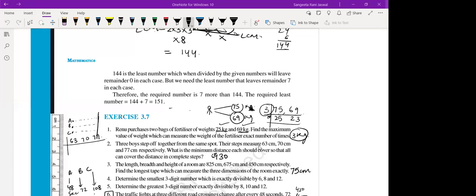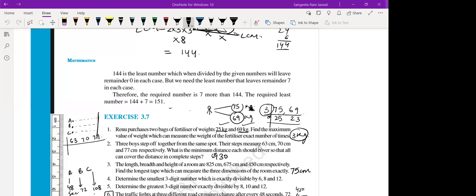So highest common factor you will take for this, right? So your statement should read: the weight of the bags. Please write down the statement. Weight of the bags is 75 kg, 69 kg. Then in your next statement, what will you write?